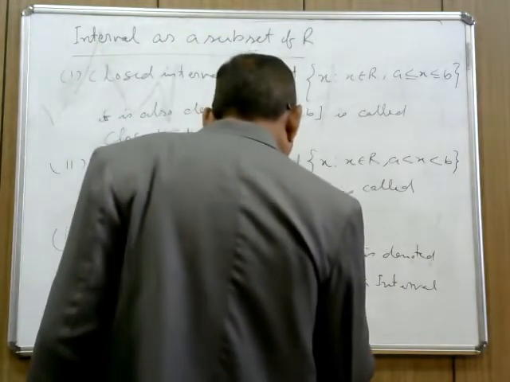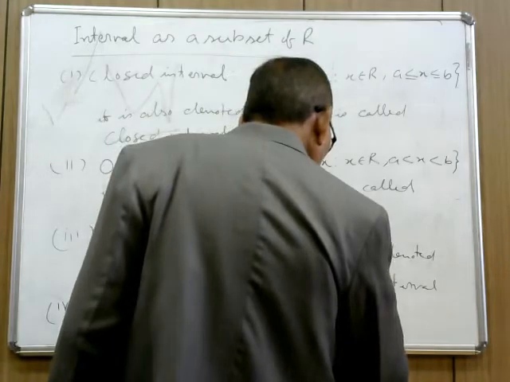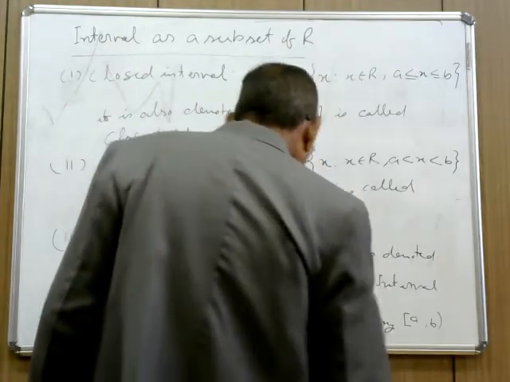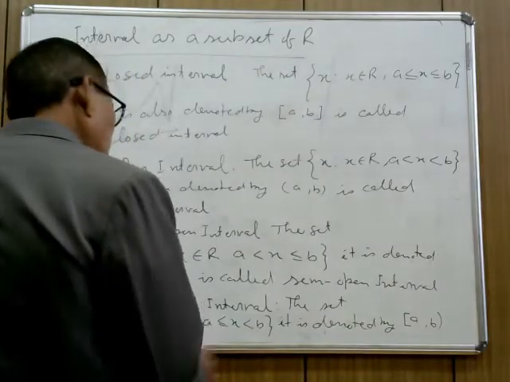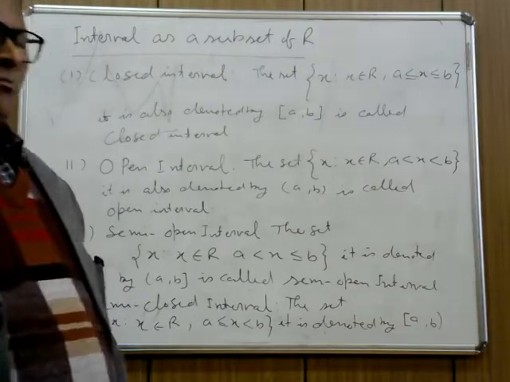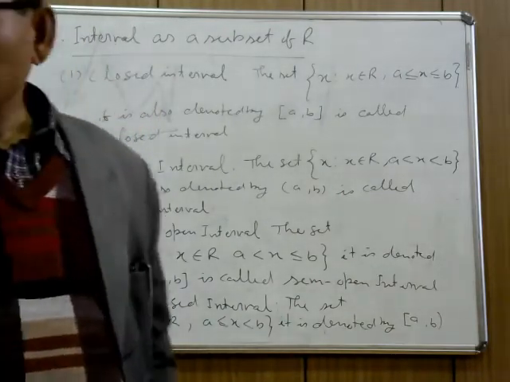It is denoted by [a, b) and is called semi-closed interval. It includes all the real values between a and b, including a, excluding b.